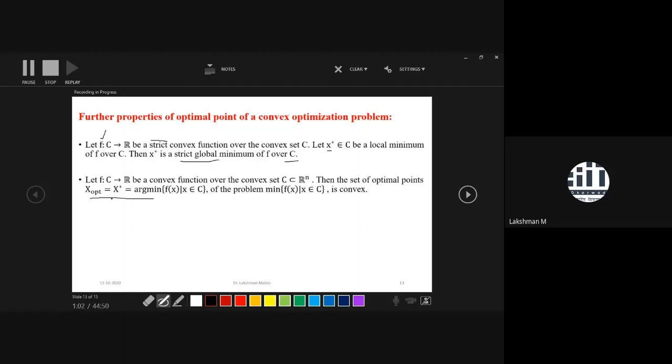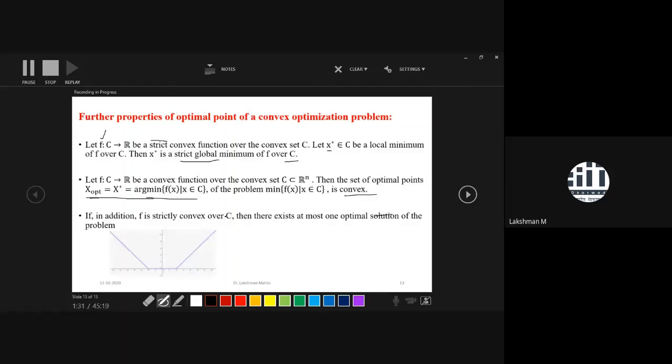We denote it by either x star or x opt, depending on the book. It contains all the arguments where the function has the minimum value, and this x opt is always a convex set. In addition, if f is strictly convex over C, then there is a guarantee that at most one optimal solution will exist.